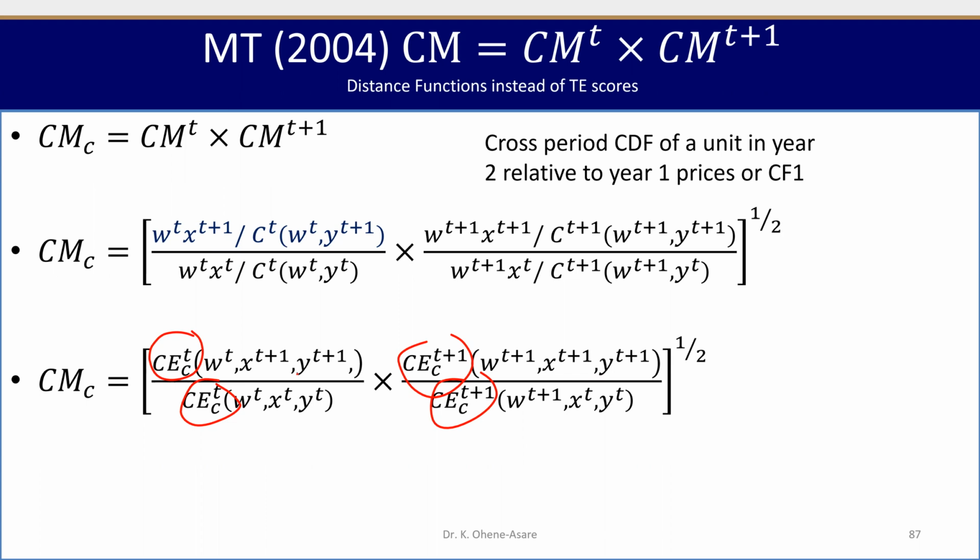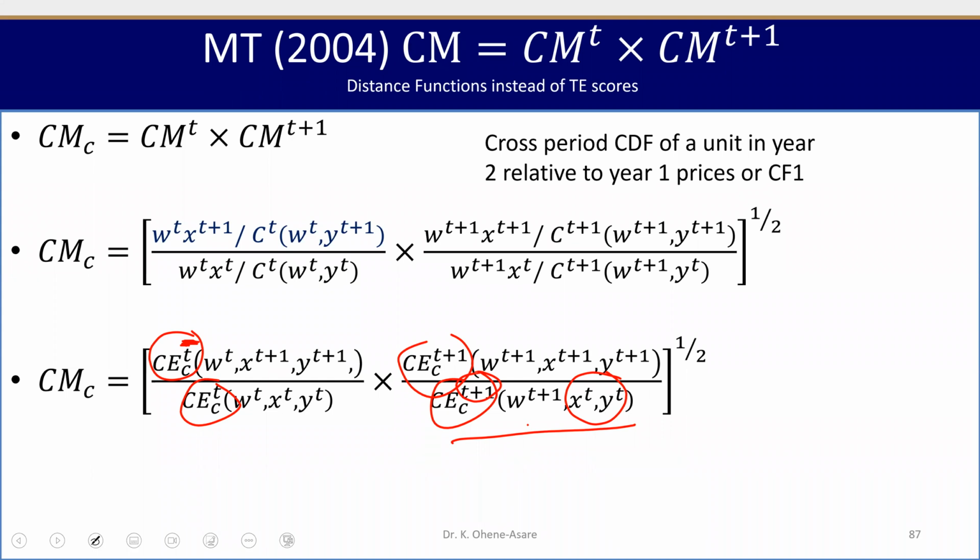Because we have the X and the Y having the T plus 1, I told you they move together. So we are looking at the efficiency of a firm in year T plus 1 relative to frontier T. And the bottom here is talking about the efficiency of a firm in year T relative to frontier T plus 1. So that is how you consider this cost function.